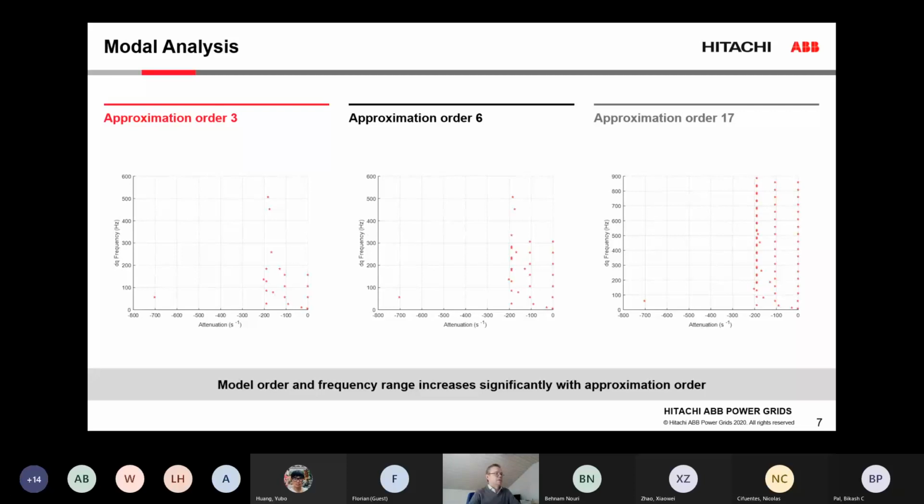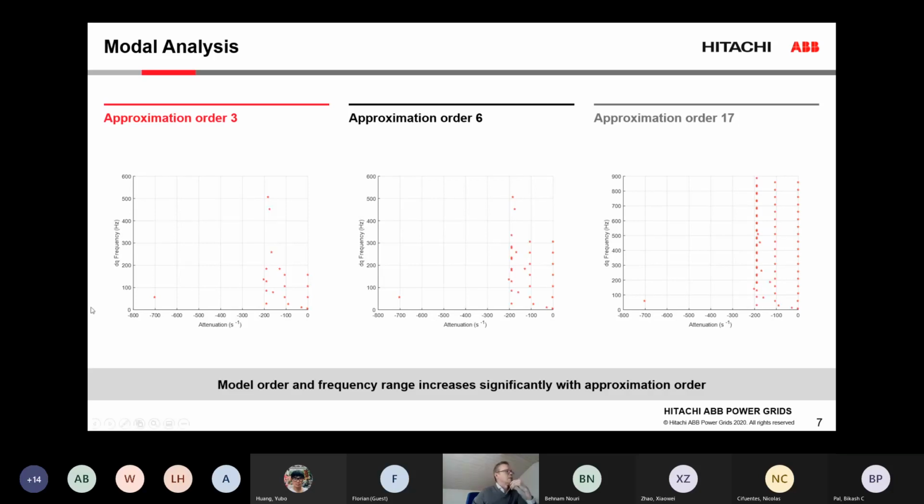Whereas this original ABC model is completely useless for modal analysis, with this generalized DQ model we can embed it in stability analysis. You get some interesting effects here, because the dimensionality of the model increases with the number of DQ frames I'm using.